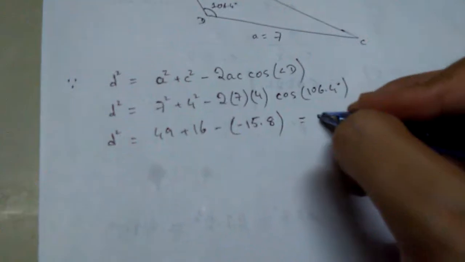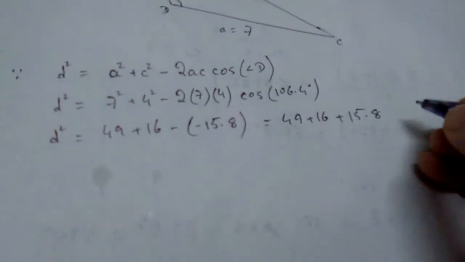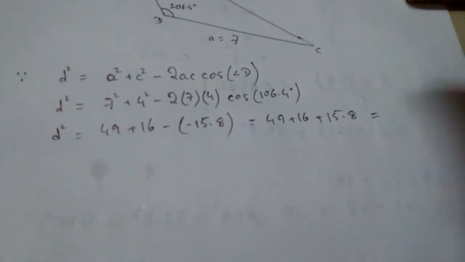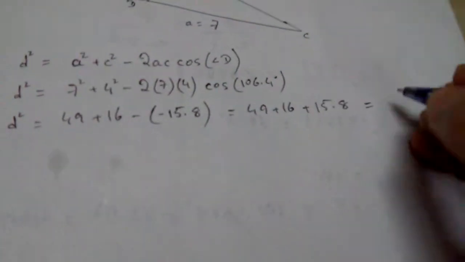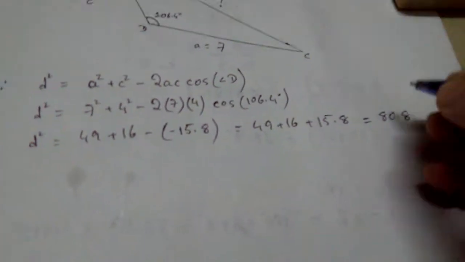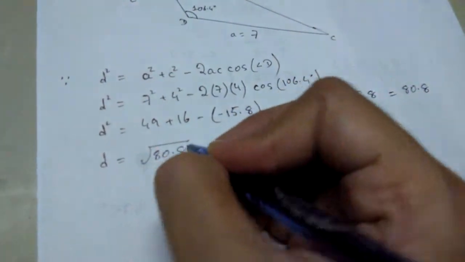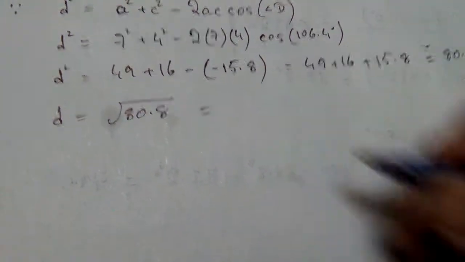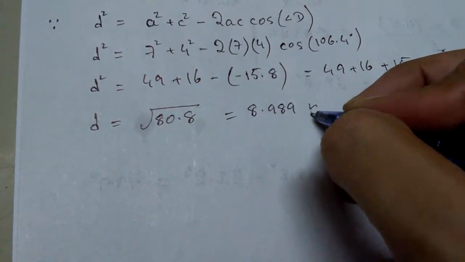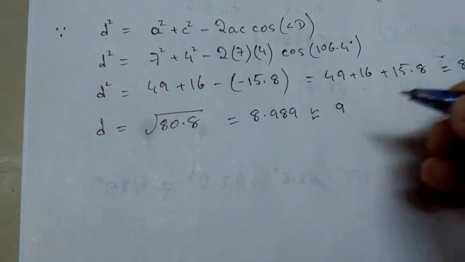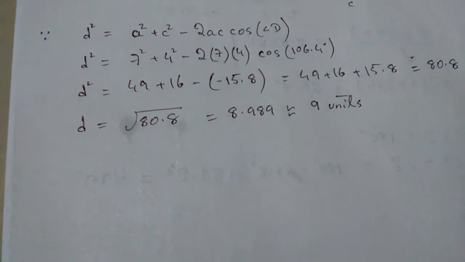Negative minus gives you positive, so the summation of these three digits gives us 80.8, and now we take the square root at both sides. Once you take the square root, you get almost 8.989. If we round this up, we can write it almost 9. So it is 9 units, because units are not specified here, so we simply write units in general.